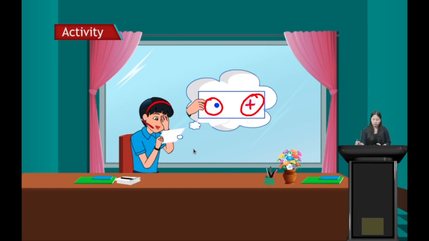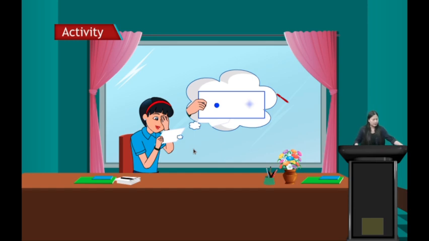So this proves that at one point on the retina, vision is not possible, known as the blind spot. You can try this activity during your break or at home. This activity proves that there is a blind spot in the retina where vision is not possible.